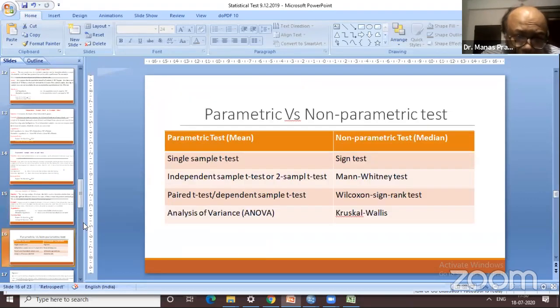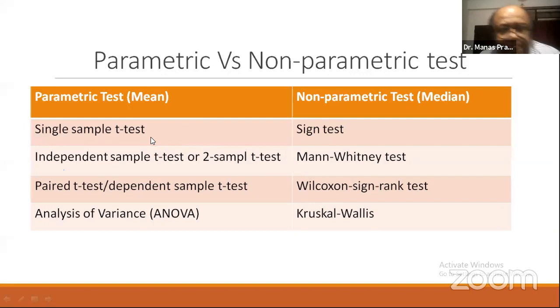So we have some non-parametric counterparts of these tests. For the single sample t-test, the non-parametric counterpart is the sign test. For the independent sample or 2 sample t-test, the counterpart is the Mann-Whitney test. For the paired t-test or dependent sample t-test, the counterpart is the Wilcoxon signed rank test. For analysis of variance, the counterpart is the Kruskal-Wallis test.